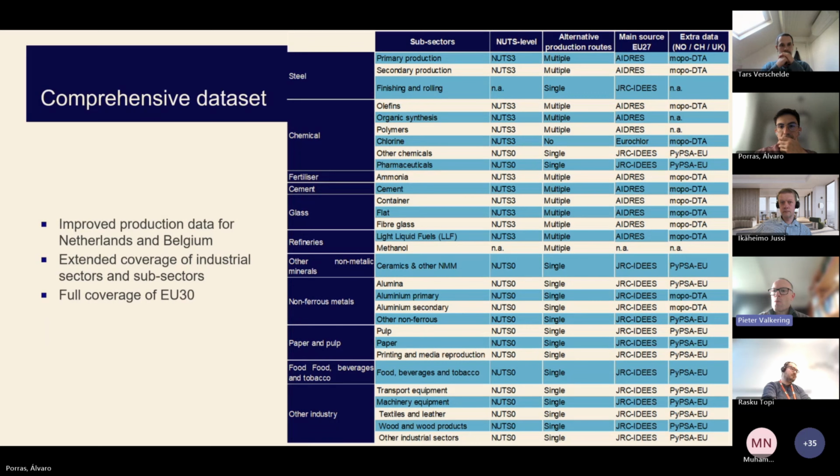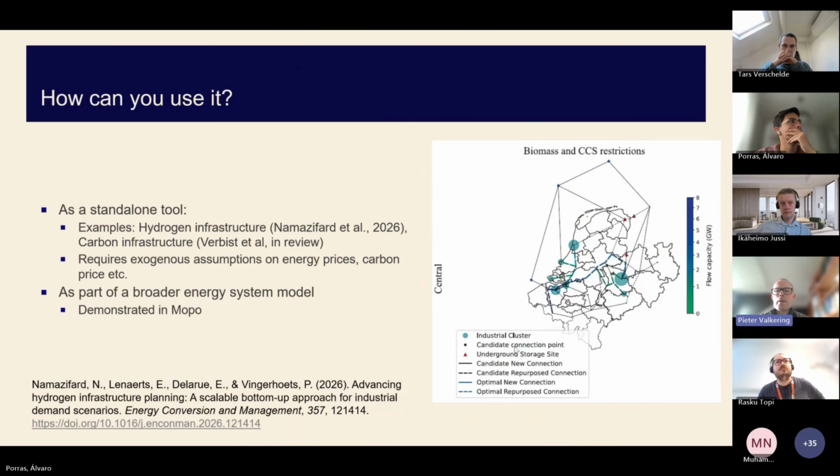So this is what the industry technology component is, and then some last words on what you can do with it. There are 2 main things I would say you can do with it. You can use it as a standalone tool.